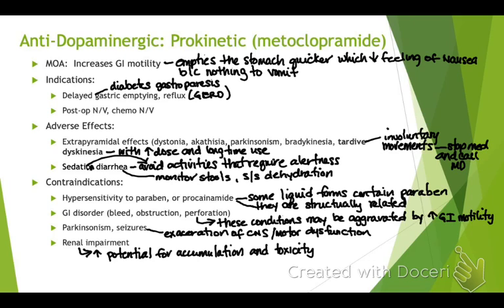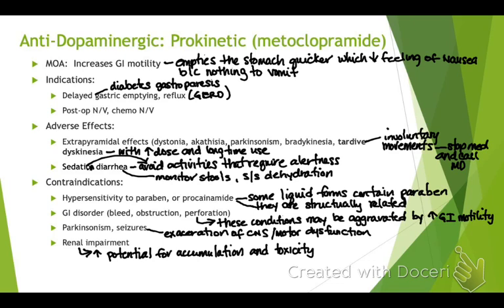Contraindications, hypersensitivity to paraben or procainamide, some liquid forms, certain paraben, they are structurally related, so they can have a hypersensitivity reaction. Patients with GI disorders like a bleed or obstruction or perforation, these conditions may be aggravated by increased GI motility.